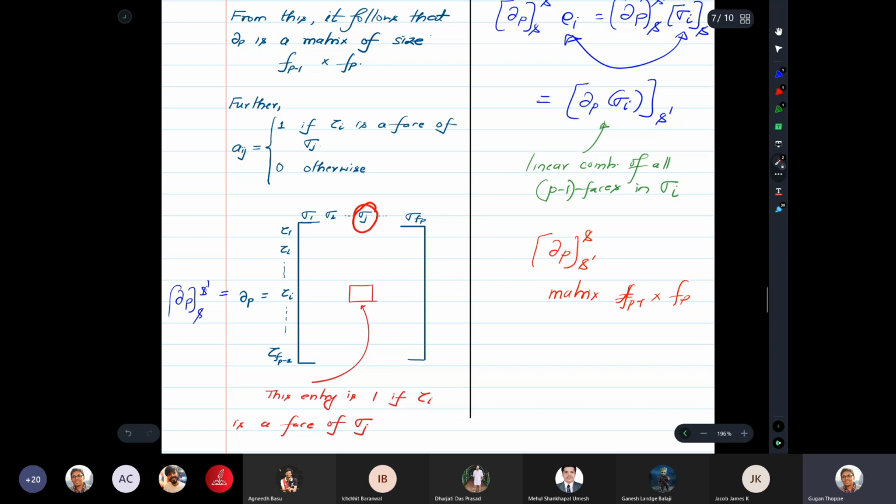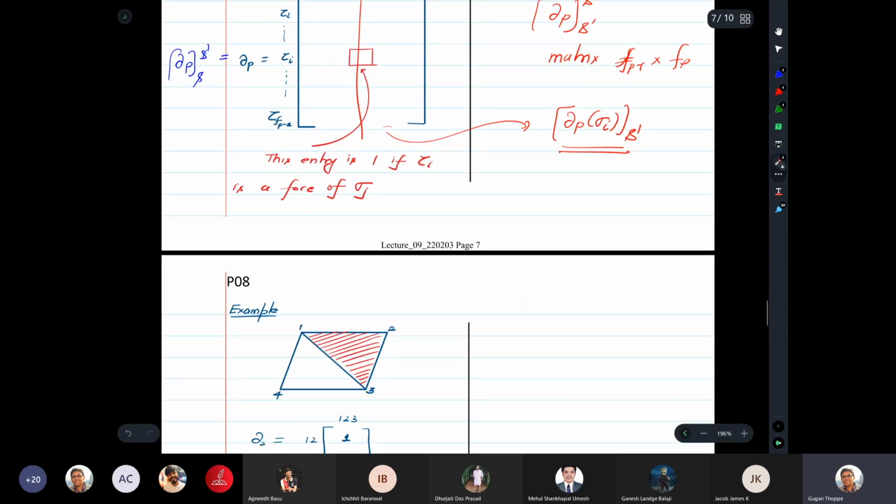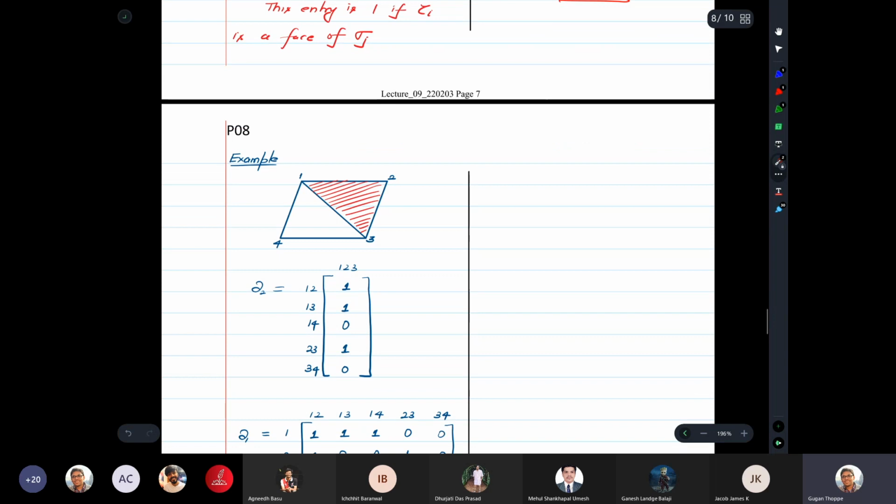So I take sigma j, and this column over here corresponds to del P of sigma I and its representation in S prime, right? So what will its representation be? It will be a vector of zeros and ones, where we will have 1 if tau I is a face of sigma j, right? So let's look at a simple example and that will make things clear for you.